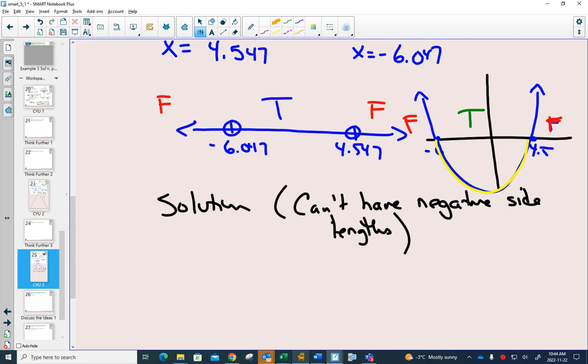Can't have negative side lengths. I guess technically can't equal 0 either, because then it wouldn't be a rectangle. So then when we go to our solution, we would have to say that x is between 0 and 4.547. Does the question tell us to the nearest? It says to the nearest 10th.